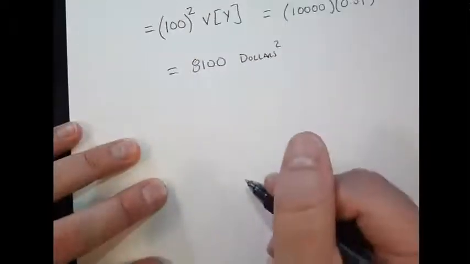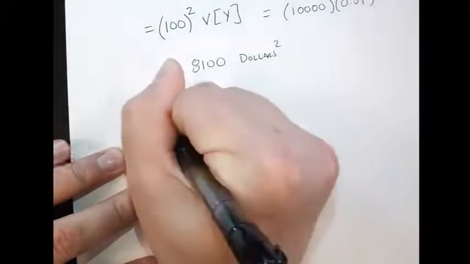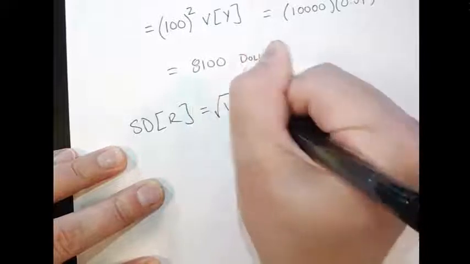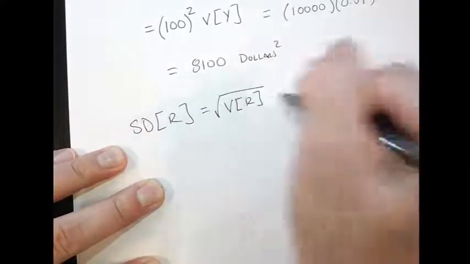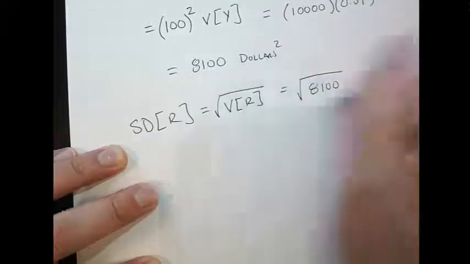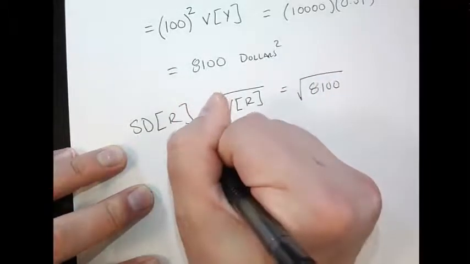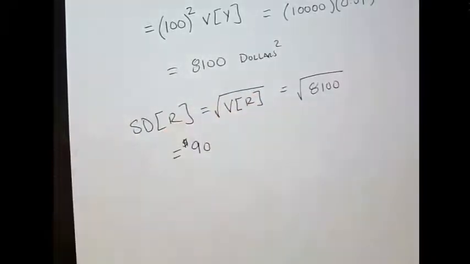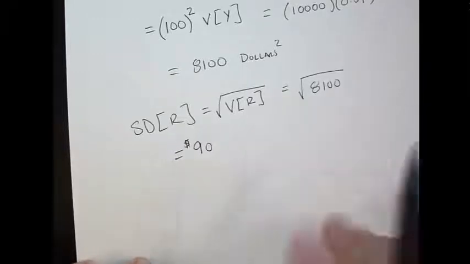Then, in order to find the standard deviation of the revenue, you take the square root of the variance of the revenue, which is the square root of 8,100, which gets us $90. So you have to make sure that you follow the rules of variance.